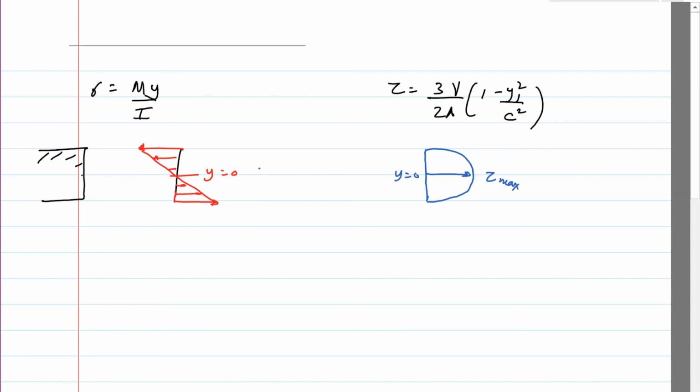So here sigma equals 0, and then sigma equals M y max divided by I, and same over here with a negative sign, but the shear stress here is 0.